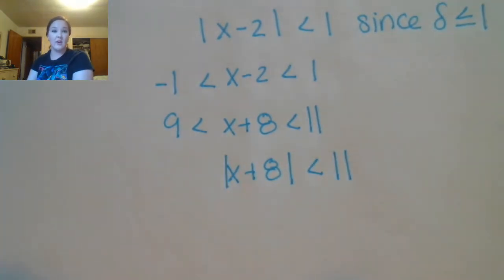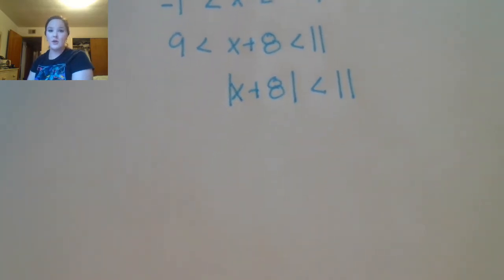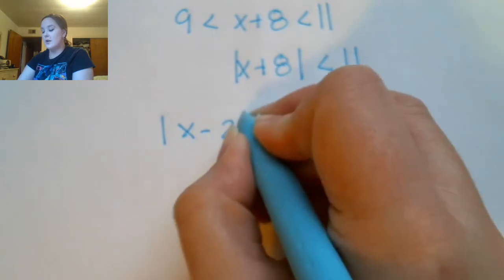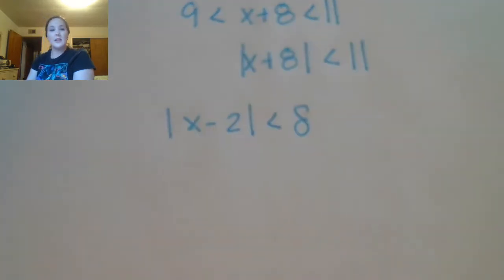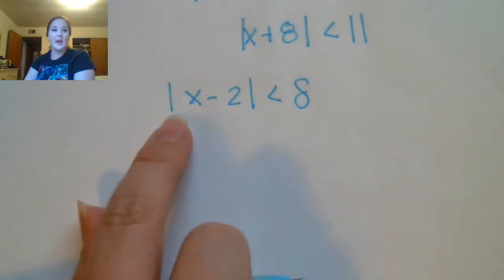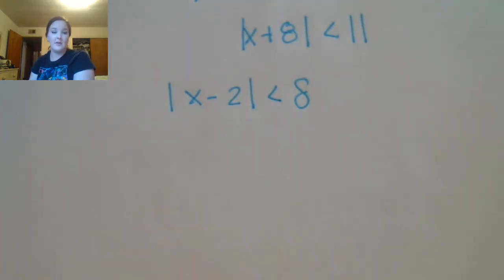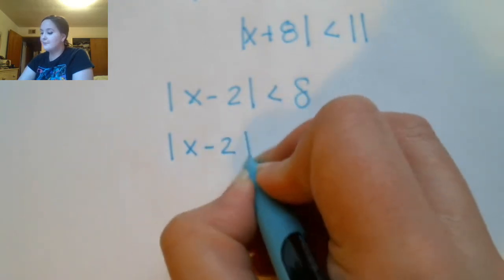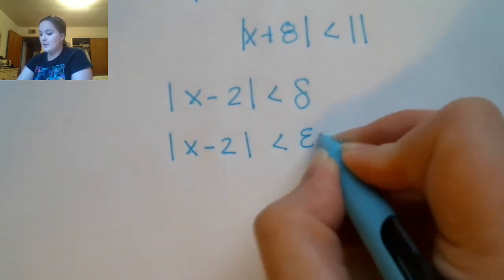That's not part of our main proof, but we do need to prove this fact in order to use it later on. So now we start our real proof, starting with absolute value of x minus 2 is less than delta. Here's where we do our more traditional proof of turning this into f of x minus L. In order to do that, first we're going to replace this with epsilon over 11.